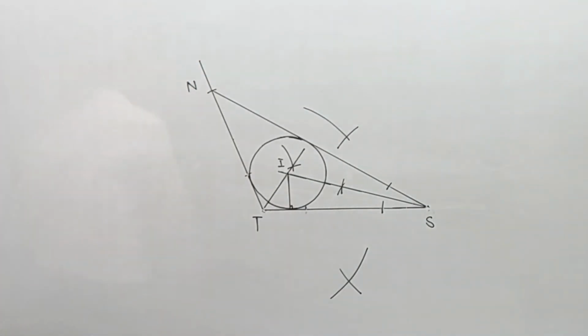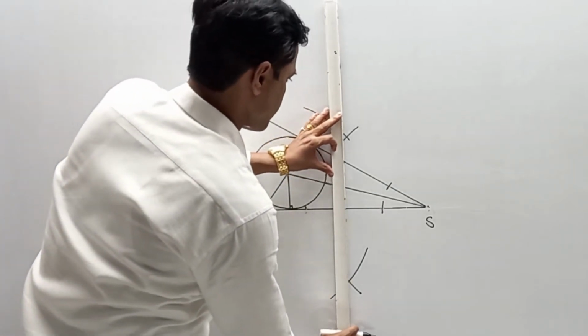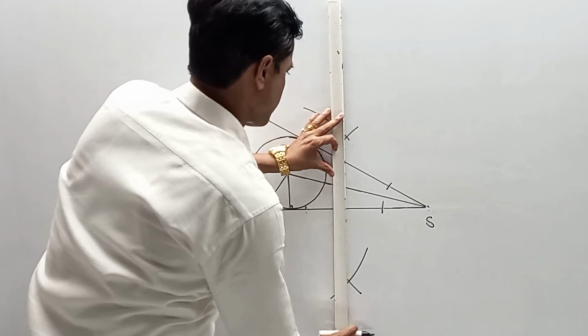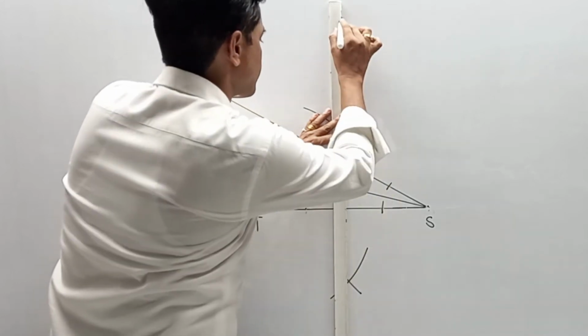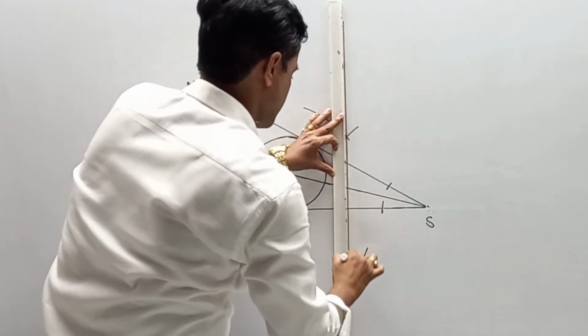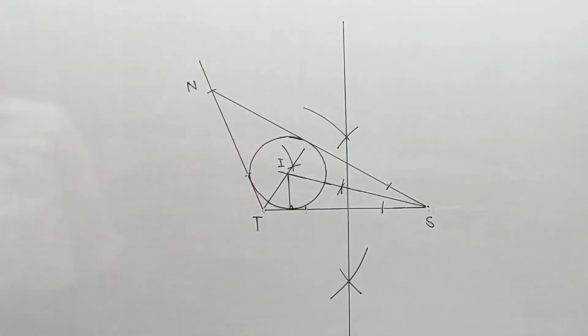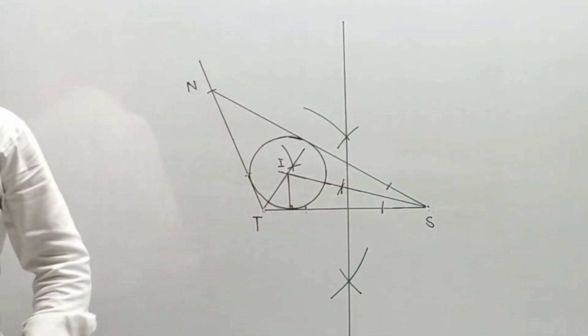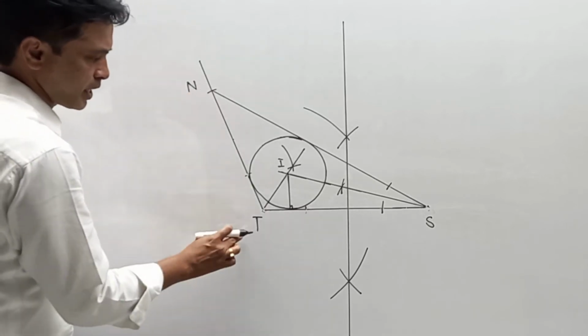Now here I am going to draw one perpendicular bisector for TS. This is the perpendicular bisector for TS that we have drawn. Similarly, we are going to draw the second perpendicular bisector on side NT.